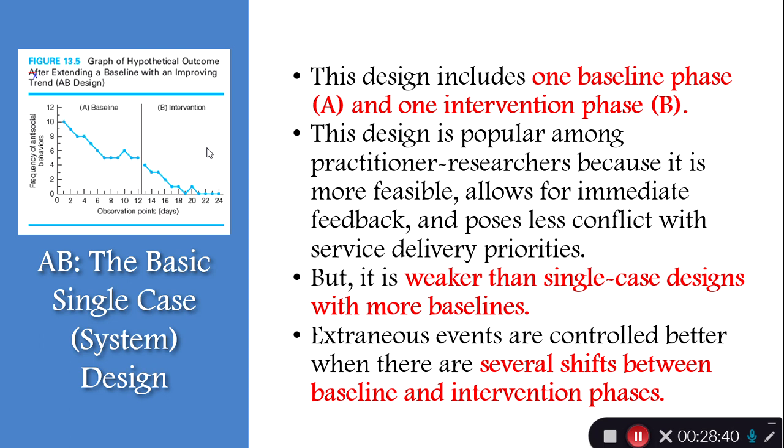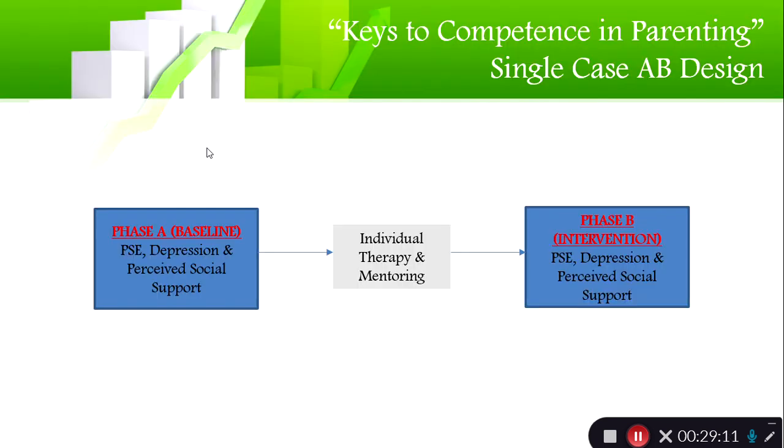Because keeping in mind, just like when we talked about experimental and quasi-experimental designs, the researcher's goal is always to show that it is indeed the intervention that caused the outcome, and not some other alternative explanation or extraneous event. And so by having multiple baselines and multiple intervention phases, we're able to show this over and over again, that each time after the intervention was introduced, we see this change in the dependent variable.